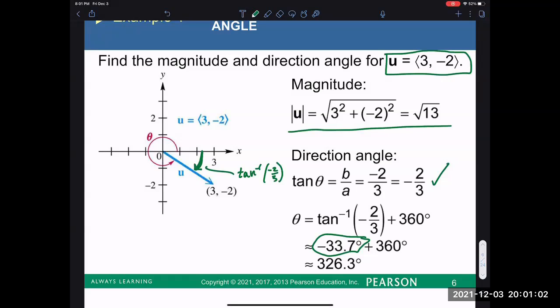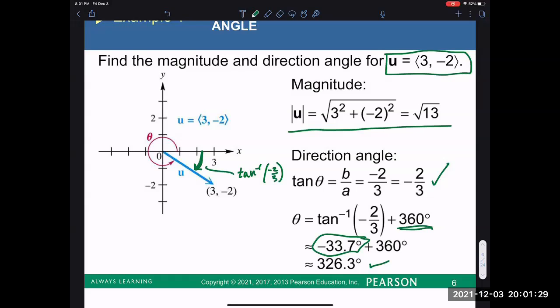Then they immediately say we can get that by adding 360 to the result of the inverse tangent. So they add 360 to the result of the inverse tangent, and then that gets the theta as we want to define it, counterclockwise from the x-axis with a positive measurement. And in this case, that's 326.3 degrees.